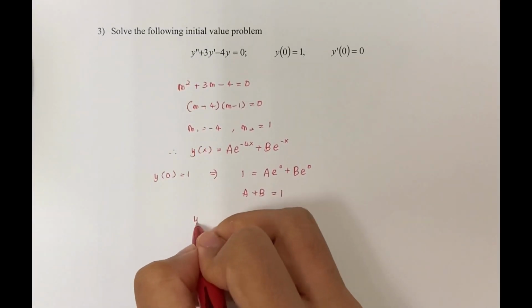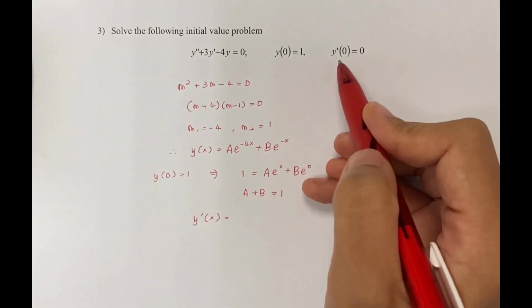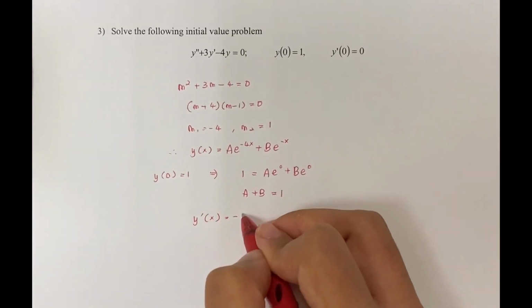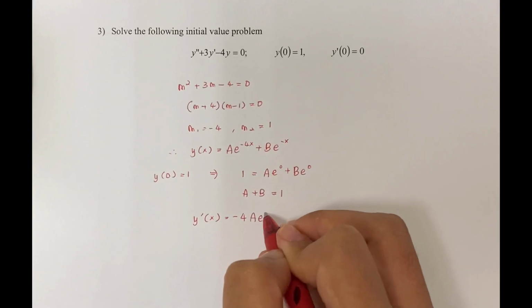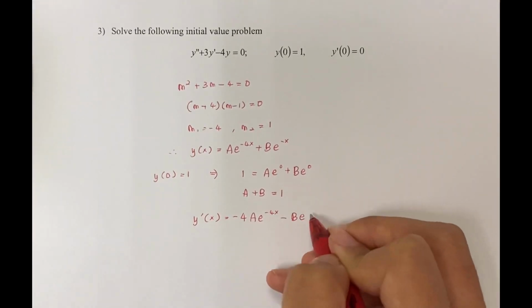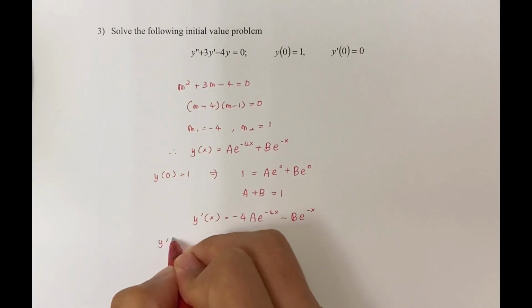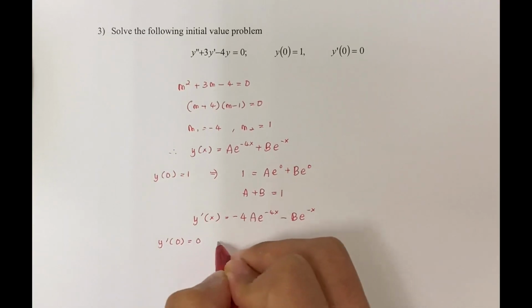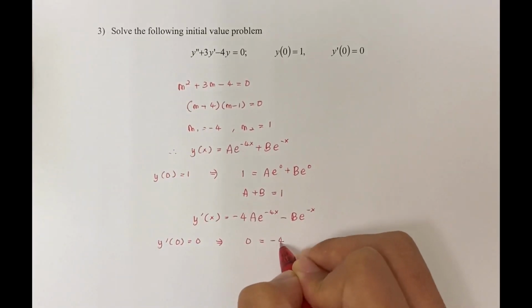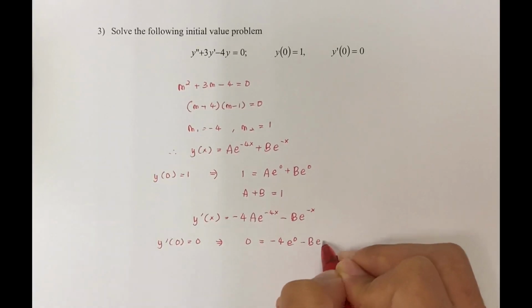Then find what is y prime(x), because we need to solve for y prime(0) equal to 0. y prime(x) is equal to negative 4A e^(negative 4x) minus B e^(negative x). y prime(0) is equal to 0. Then 0 is equal to negative 4 e^0 minus B e^0.